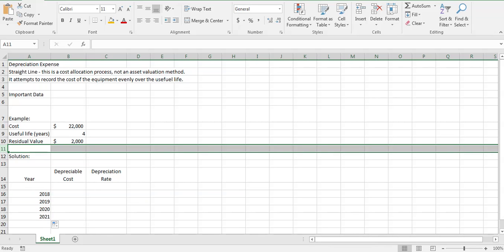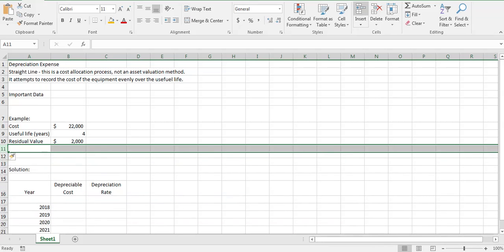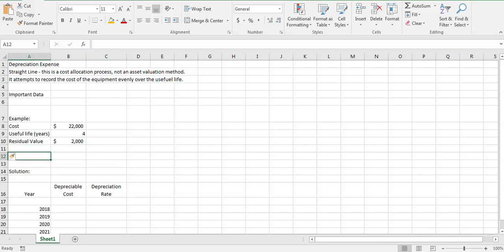Basically, the depreciable cost is a simple calculation. It is cost less residual value. So I'm going to include the depreciable cost, just to make sure that we take that into consideration. Meaning, 22,000 less 2,000 is our 20,000, and we will place that value.